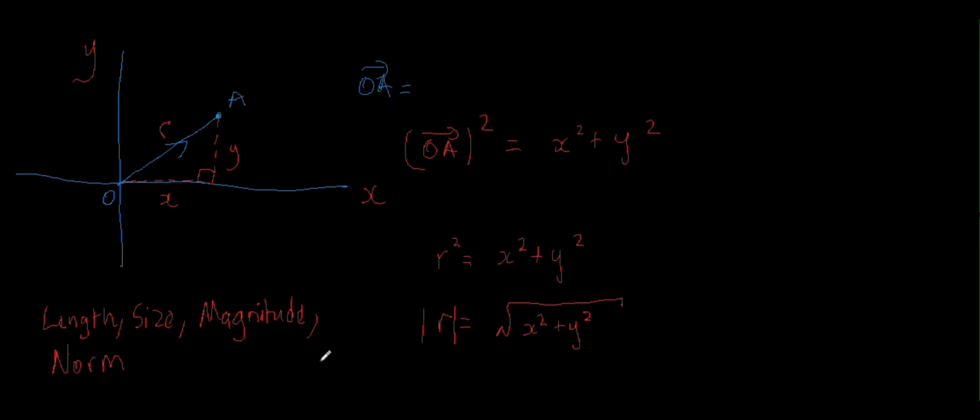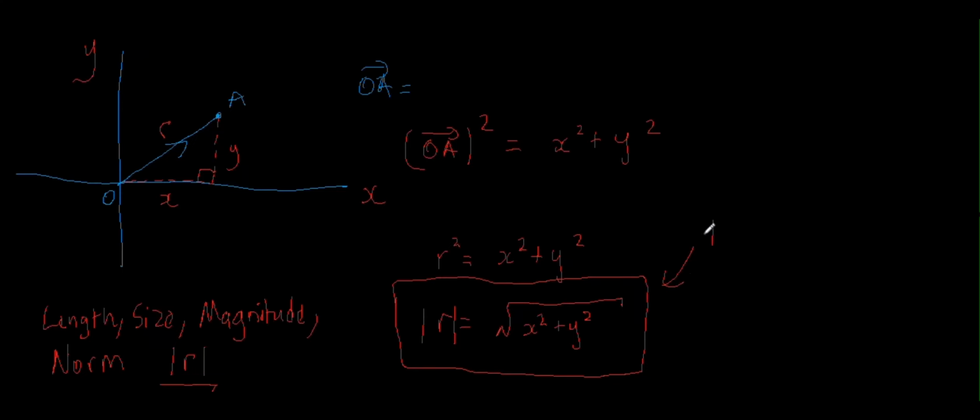It means the same thing, and the symbol is this. So this is the symbol, this is the formula. Well, the symbol and the formula, so the length of a vector.